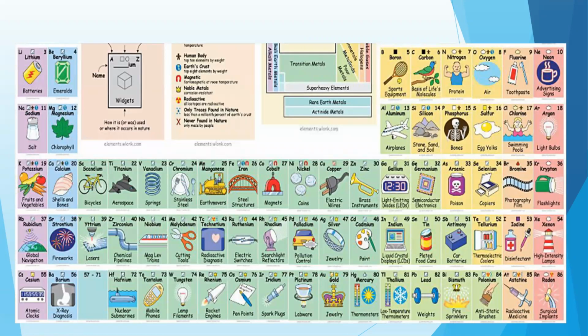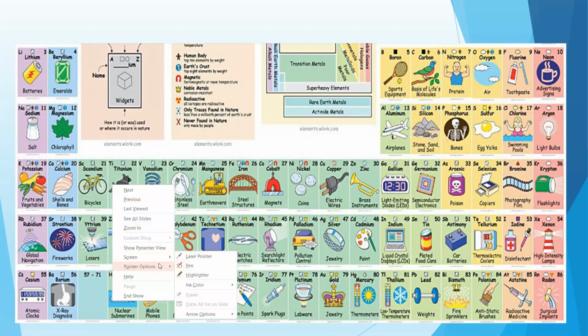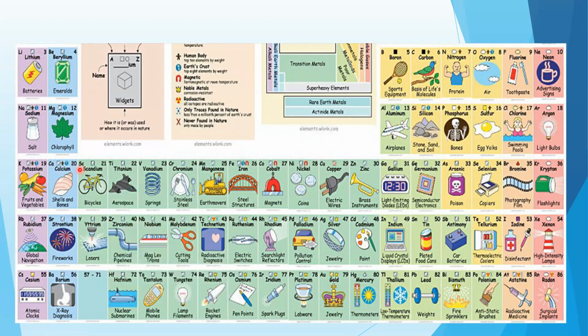So kindly go through these elements. You can see here we have d block and f block elements. Here come your d block elements: scandium, titanium, vanadium, chromium, manganese, iron, cobalt, nickel, copper and zinc.